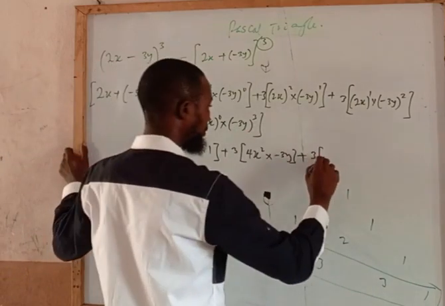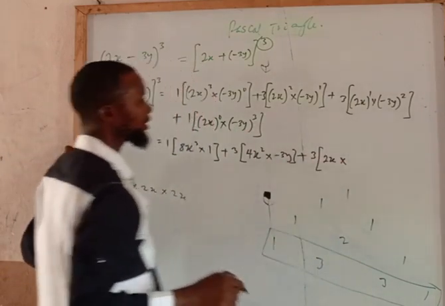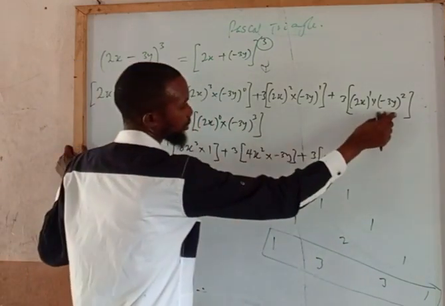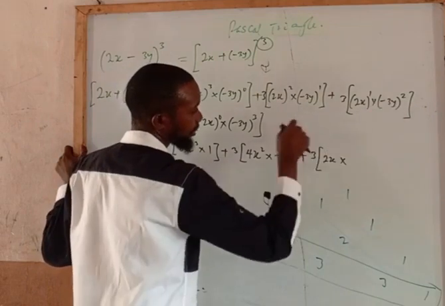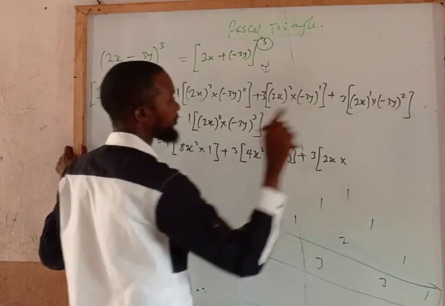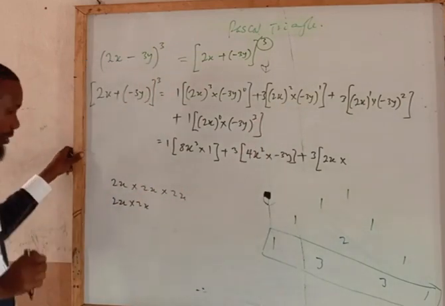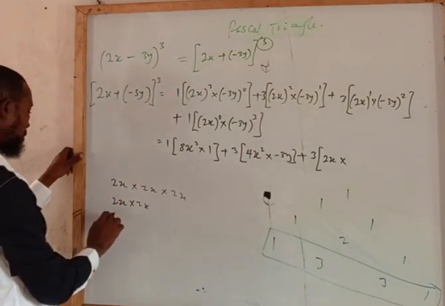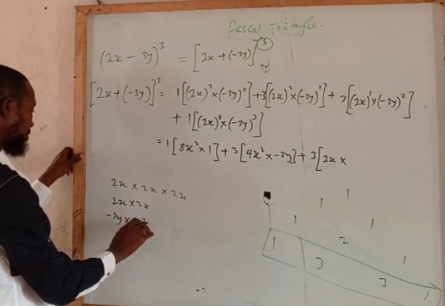So that becomes 2x multiplied by, and here as well, we have minus 3y squared. That is, the item in this bracket should be written 2 times by way of multiplication. So that becomes minus 3y times minus 3y.